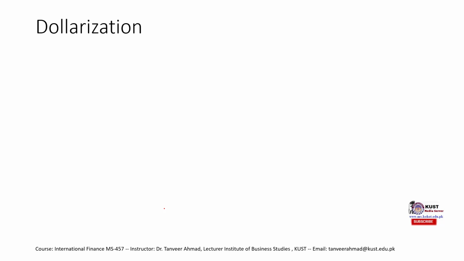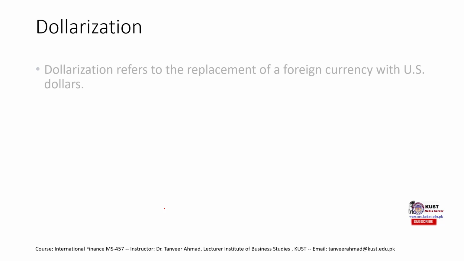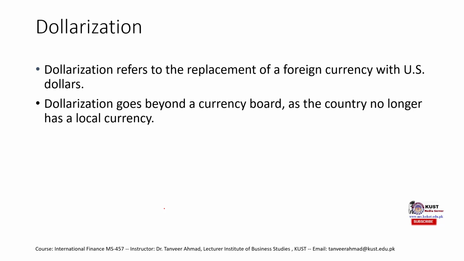And lastly, we have dollarization. In dollarization, the home currency is replaced with a foreign currency, for example the US dollar. This process is a step beyond a currency board because it forces the local currency to be replaced by the US dollar.